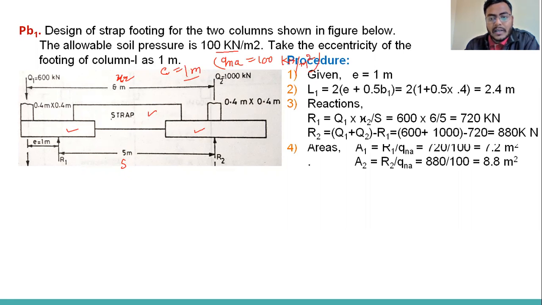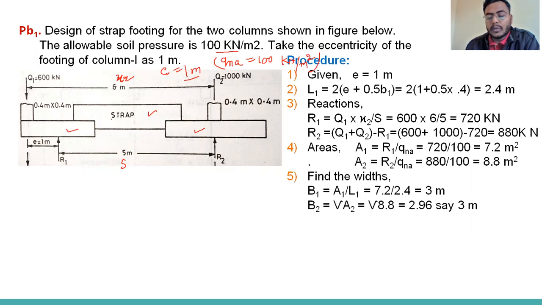So once we have the R1 and R2, we can go to the required area. Required area A1 we got 7.2 meter square, and A2 we get 8.8 meter square. These are the required areas for both the isolated footings. Once we have the area, we can calculate their width.